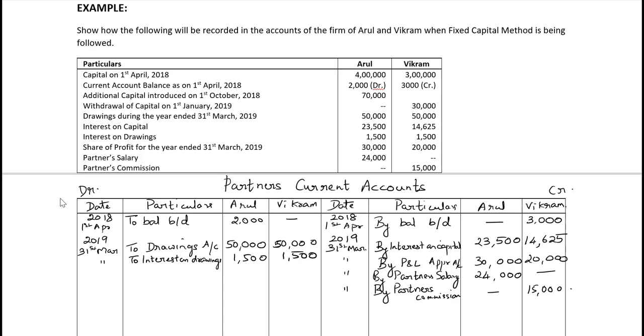Now let's balance the account. We'll begin with Arul. The total on the credit side for Arul is 77,500, and the total of the debit side for Arul is 53,500. Arul has a closing credit balance.